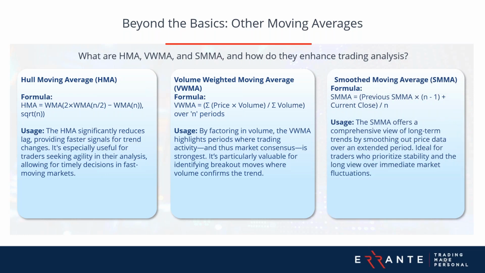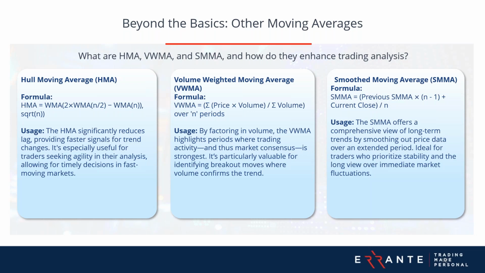And then we have the SMMA, or smoothed moving average, which is a formula focusing on a longer term perspective, gradually incorporating new price data while maintaining a smooth line that filters out short-term volatility.